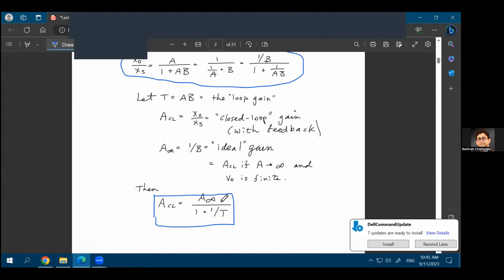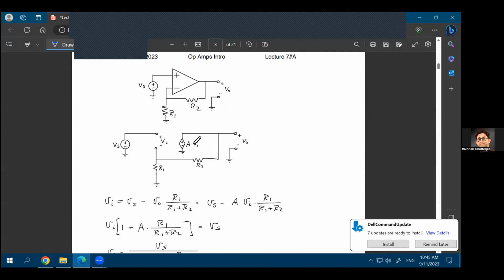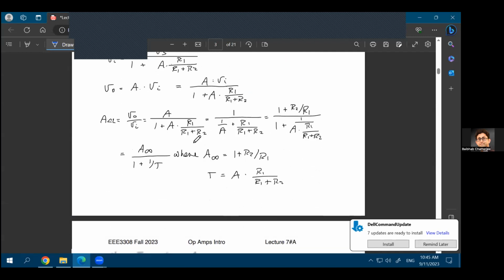The closed loop gain of an op-amp system is the gain of the system, assuming that the op-amp is ideal, divided by 1 plus 1 over T, where T is the loop gain, and in the scenario that the op-amp is not ideal. So that kind of gives you an easy approach to tackle these kind of problems where the op-amp is not ideal, and you would still want to solve the problem within a short period of time. So that's one approach to do it. And we have looked into multiple different examples.